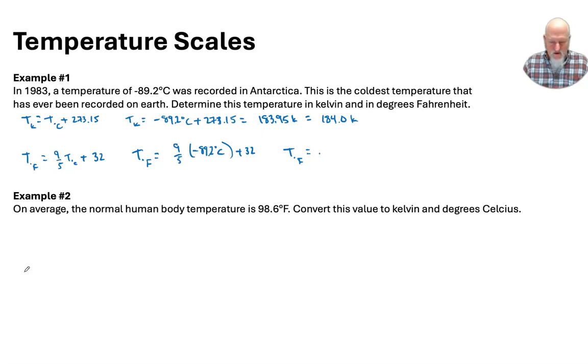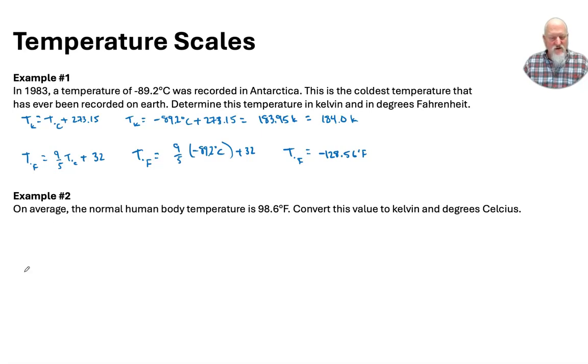So I get negative 128.56. The 9/5 is exact. So I got three significant figures here. And when I multiply, I should have three significant figures at the end.